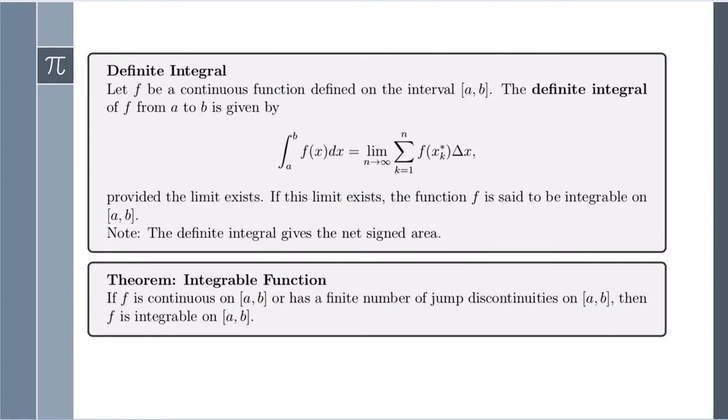So this is what we are going to look at now, the definite integral. Okay, so the definition is: if f is a continuous function on the closed interval [a, b], the definite integral of f from a to b is denoted by this notation right here, the integral from a to b of f of x dx.